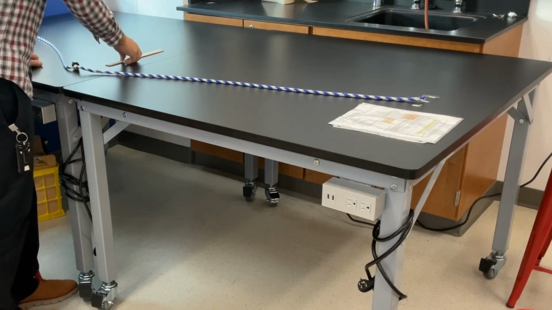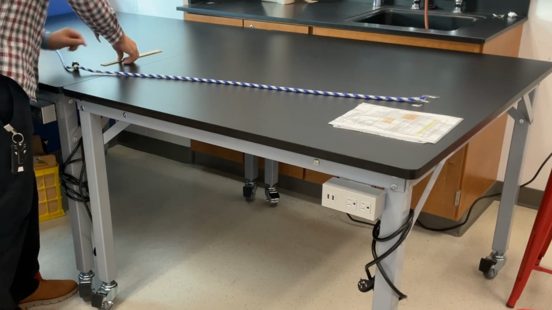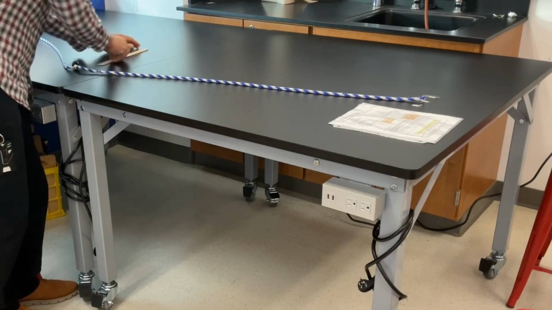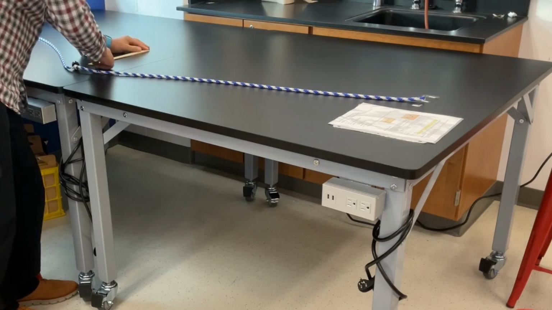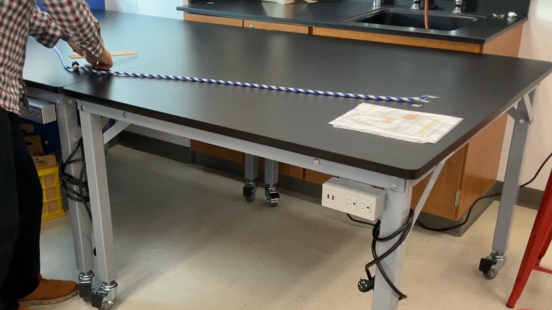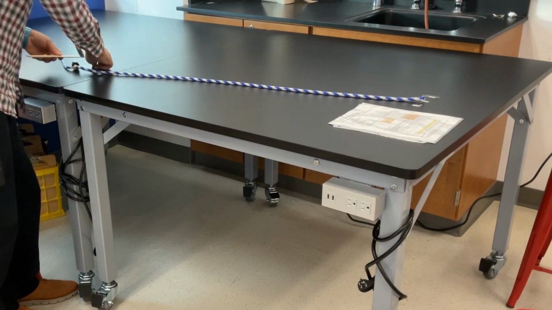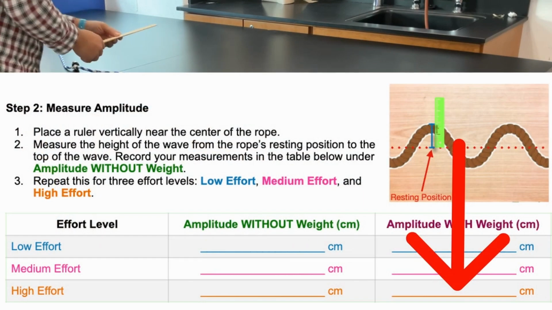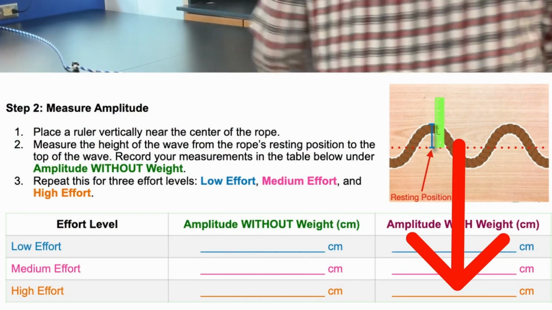I'm measuring from the resting point to the lowest part, and we call this the trough instead of the crest. And I get 39 centimeters this time.